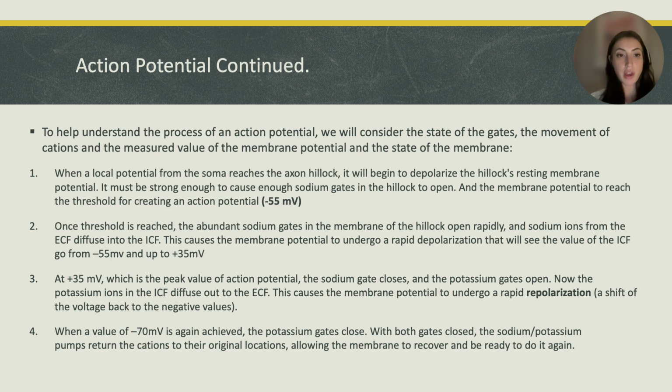At positive 35, which is the peak value of action potentials, the sodium gates close and the potassium gates open. Now the potassium ions in the intracellular fluid diffuse out to the extracellular fluid. This causes the membrane to undergo a rapid repolarization, a shift of the voltage back to its negative values.